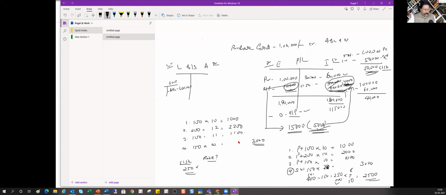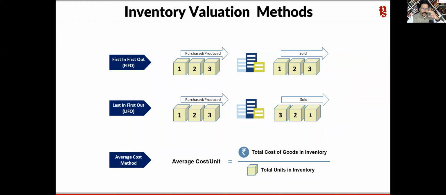We will see the variation in the value, and how you can realistically decide which is the proper value, which is a near accurate valuation method, is what you wanted to see. So we will take this example and then we will see.